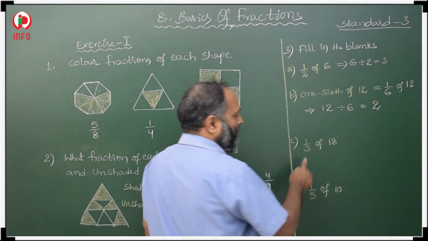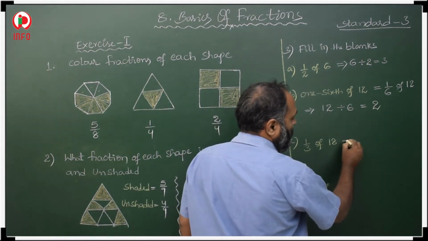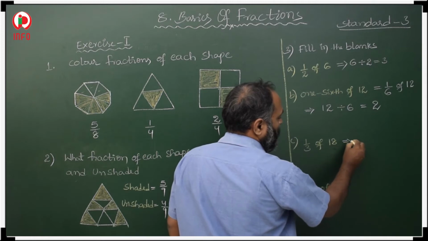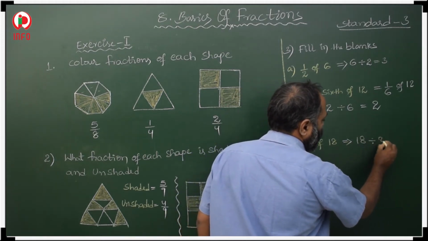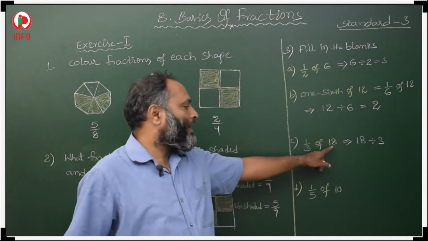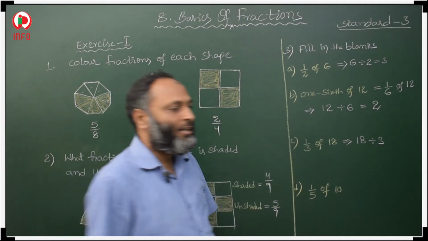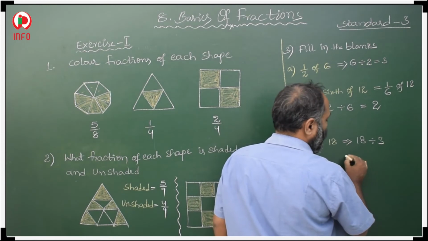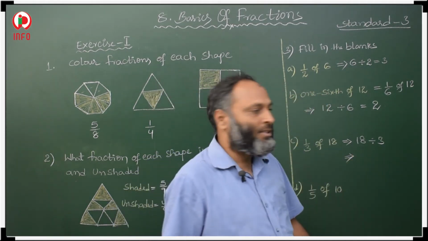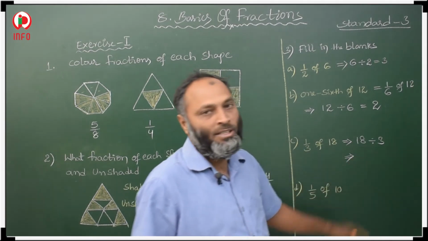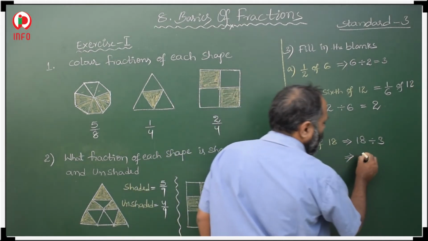Next, 1/3 of 18 means 18 we have to divide by 3. It means in the 3 table when you get 18, 3 1s are 3, 3 2s are 6, 3 4s are 12, 3 5s are 15, 3 6s are 18.